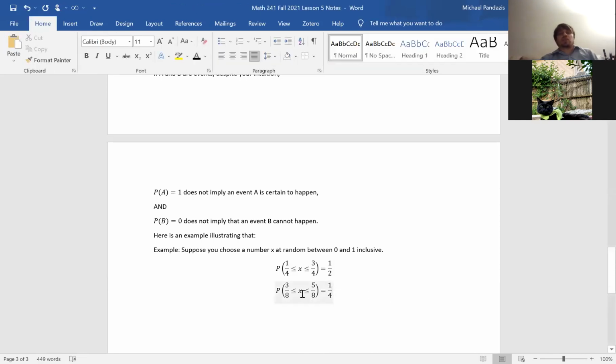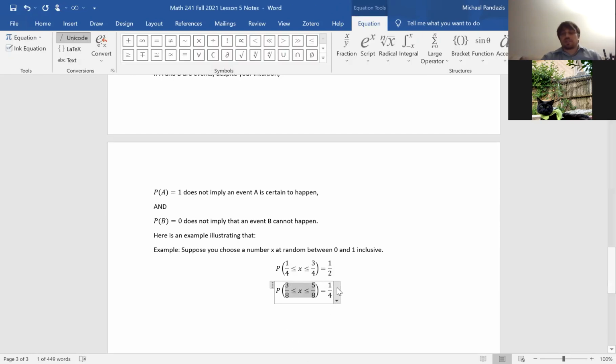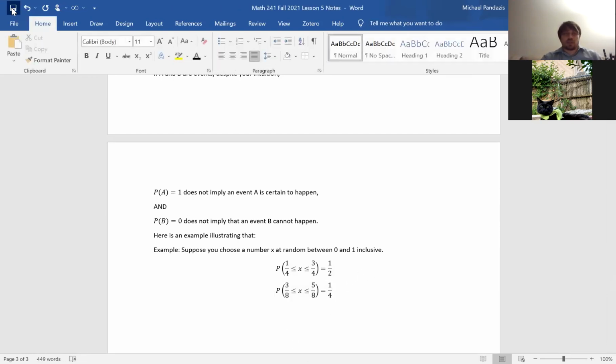This interval has length 1/4 out of the entire interval, which is length 1. If we were looking at an x at random between 0 and 2, then even though this is length 1/4, it would be 1/4 over 2, and so you'd have 1/8. This is probability, right? But because we're choosing only in the unit interval, you're dividing these lengths by 1. And so these probabilities are the same as the length, for the situation we're in.